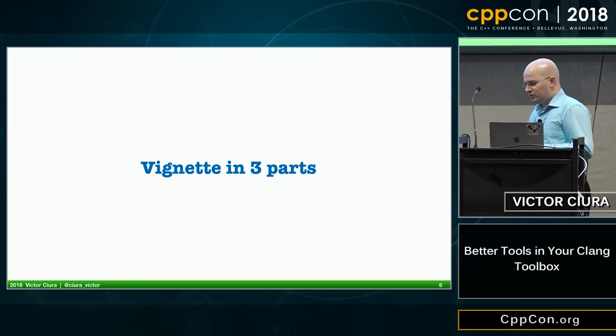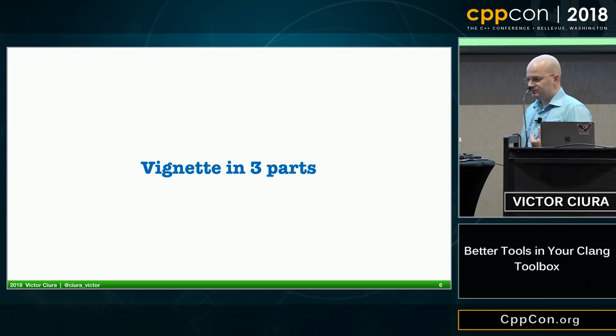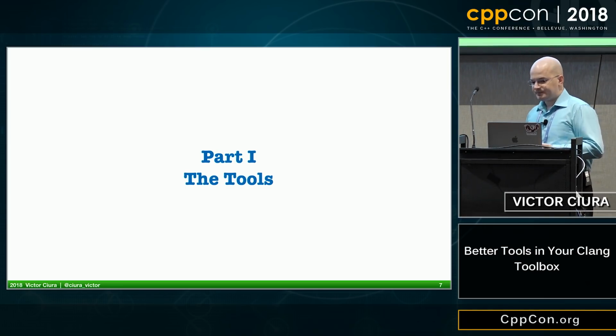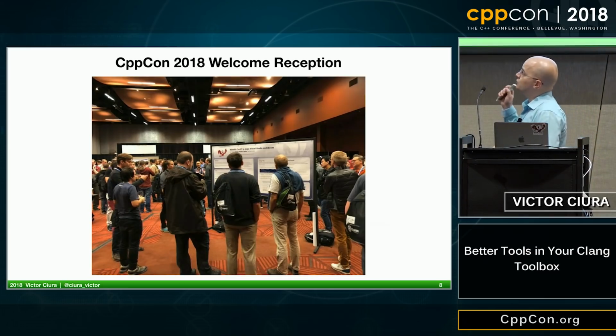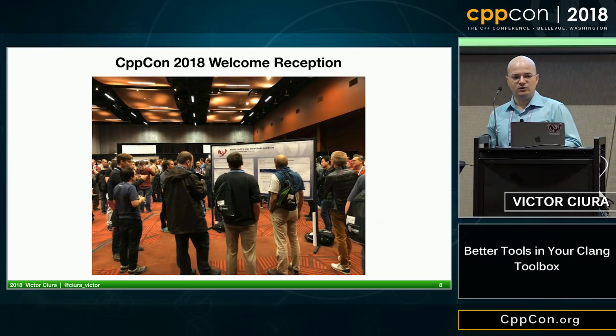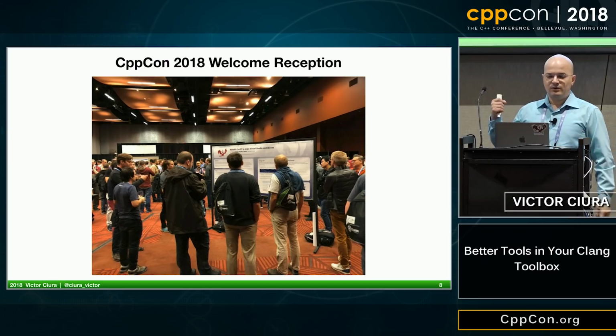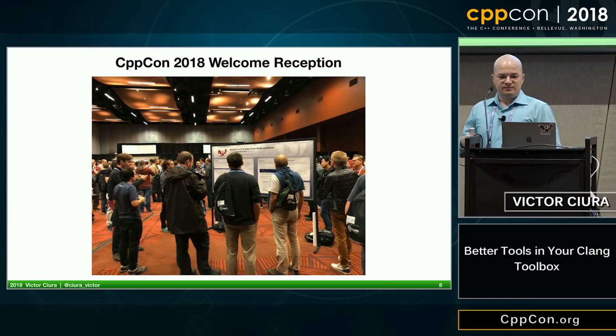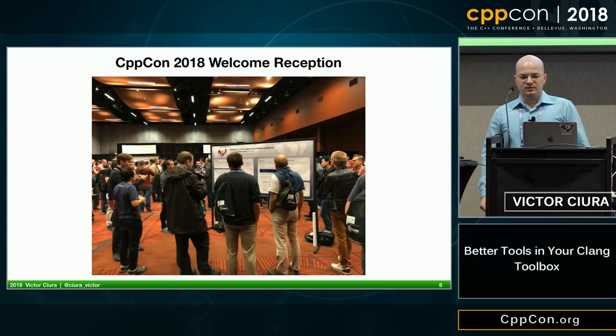And this talk is organized in mainly 3 themes. And the first part, I'm going to be talking exclusively about tools. And I'm not sure if all of you have been to the welcome reception on Sunday night. We had a poster expo.